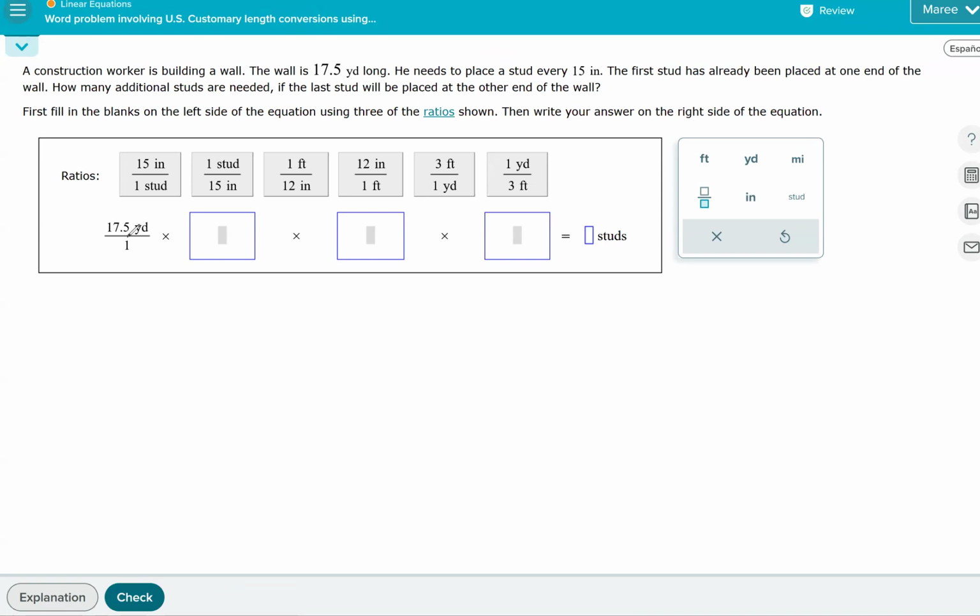Okay, so it looks like yards goes with feet, and we want yards in the denominator so we can cancel. So we want this one. Now we have feet. Here, let's just write this real quick. Okay, we have feet, so we want feet in the denominator and inches in the numerator. Boom, boom.